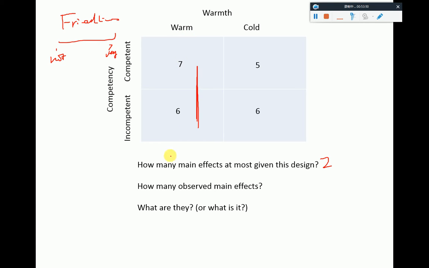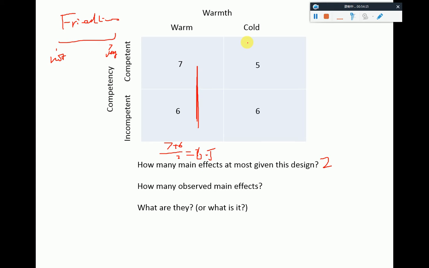So these 2 numbers, even though they also contain the effect of competency, both contain the effect of warm. We can work out the marginal mean very easily. It's 7 plus 6 divided by 2, that's 13 divided by 2, that's 6.5.